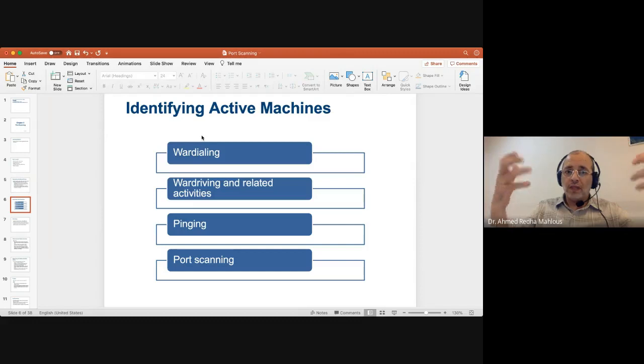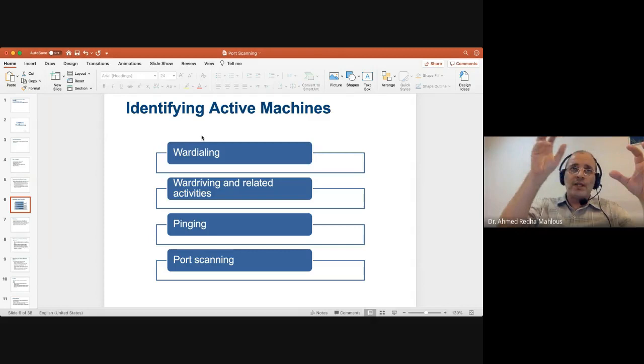By identifying the active machines, you will just do filtering. Among those 50 machines, you will find that, say, 20 machines are on, or one machine is on, alive. So I will focus my attack on that machine instead of attacking a machine, finding it is down, and then having to do a second attack on the second IP address and wait to see the result. And sometimes the result will take time.